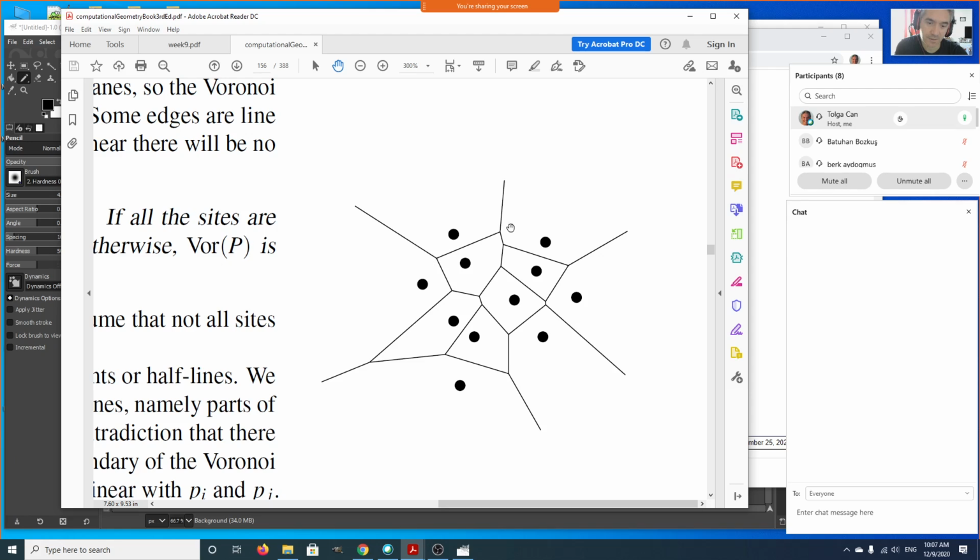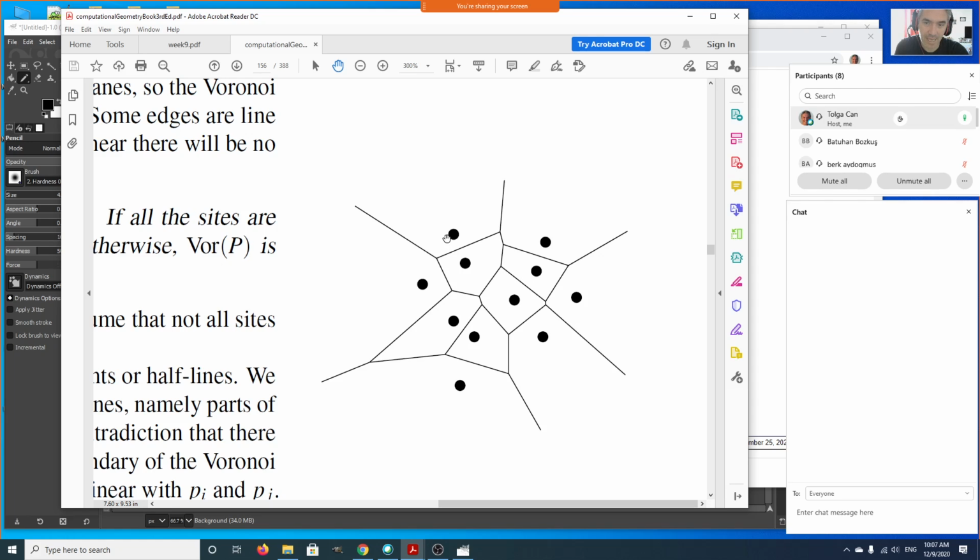And if you look at the Voronoi diagram like this, the first part of this chapter talks about its properties. If you're given n points like this, how will a Voronoi diagram look like? How many faces? We know it's going to have exactly n faces.